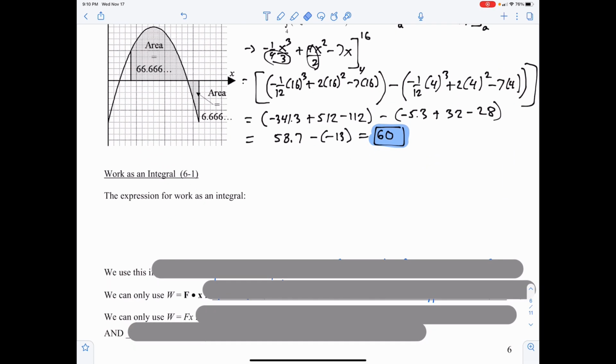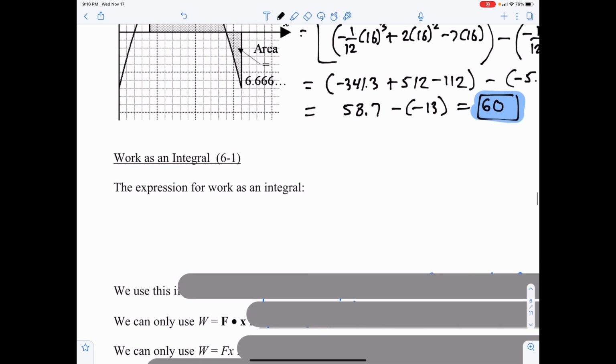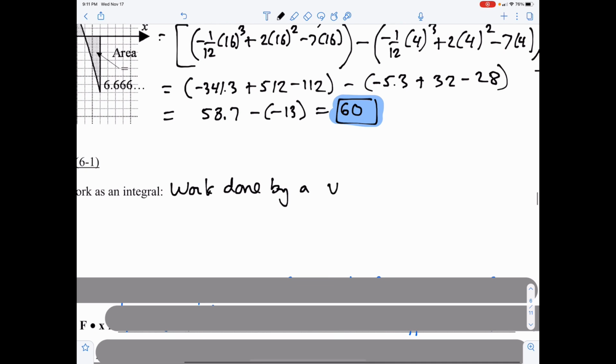Work as an integral. This would be what's called work done by a variable force, as opposed to a constant force. And that's really easy to tell.